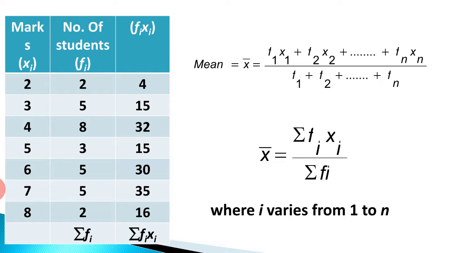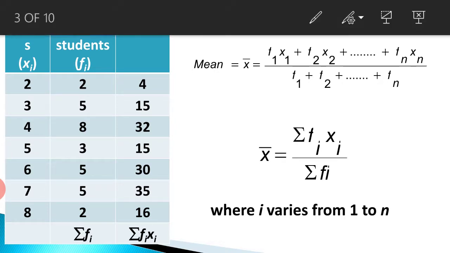So x bar is equal to summation fixi upon summation fi. Here the numerator is the sum of all observations, and the denominator is the number of observations. Is it clear? So this formula we have used for finding the mean of ungrouped data.